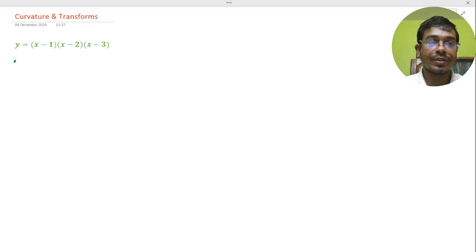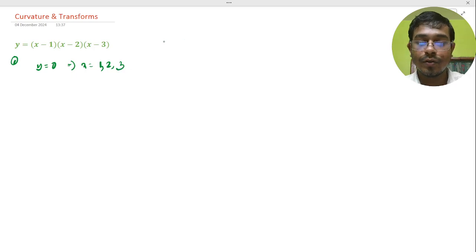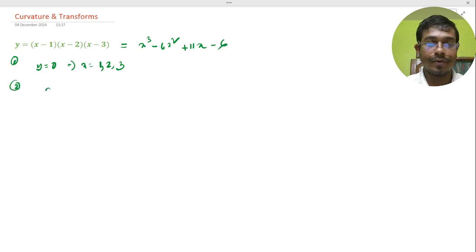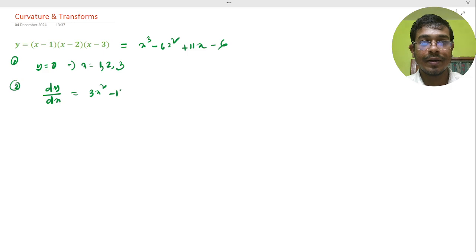First, put y equal to 0, we get x equal to 1, 2 and 3. After simplification, we get x cube minus 6x square plus 11x minus 6. Second, take the first derivative dy dx, which is 3x square minus 12x plus 11. The second derivative d square y dx square is nothing but 6x minus 12.